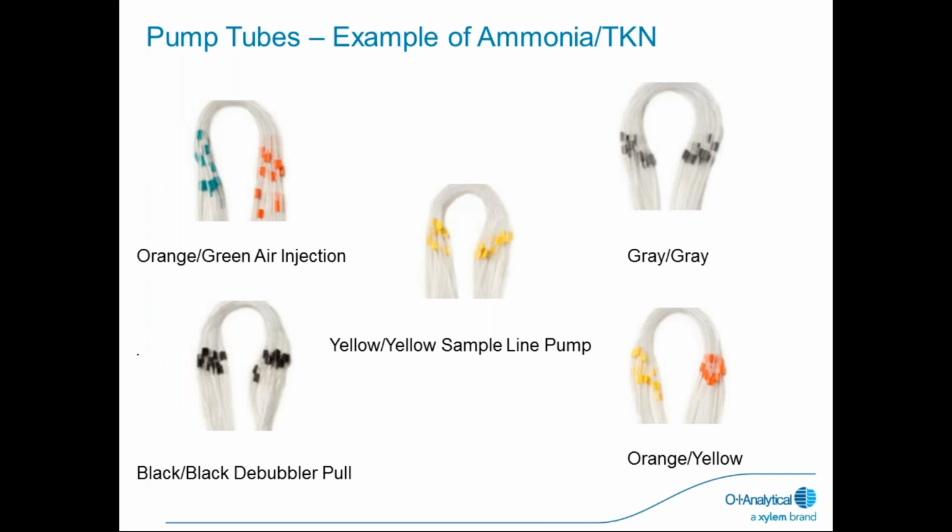So here's an example of ammonia TKN. We would use an orange-green pump tube for air injection, black for a debubbler pull, a yellow pump tube for sample line pump, gray, and orange-yellow. We also have pump tube kits that are specific to these chemistries, put in a little holder, and we sell those as kits, or you can buy 12 packs of pump tubes.